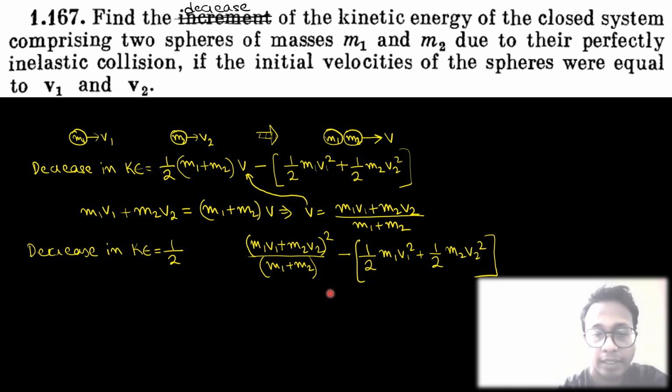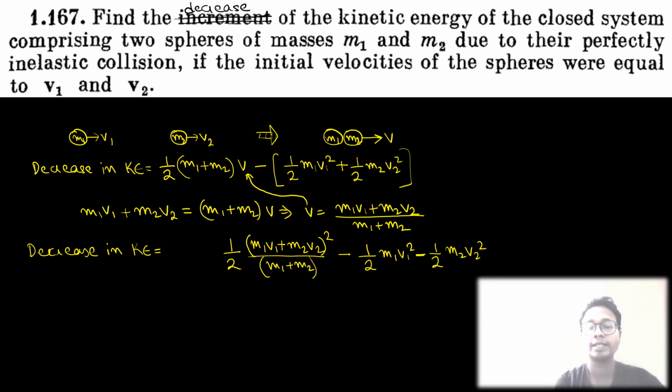Now just make it a little bit neat and clean. I'll just draw the half out. Now what can I do? I can open up the bracket. If I open up the bracket, this positive will become negative, and it would become somewhat like this. Now there's a certain thing I can do.